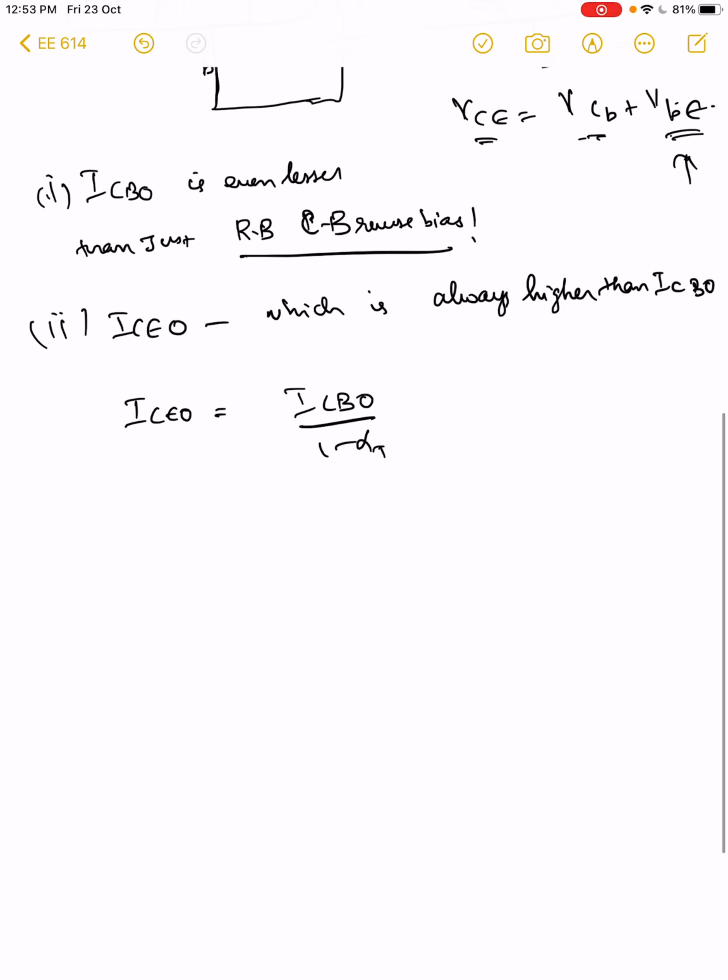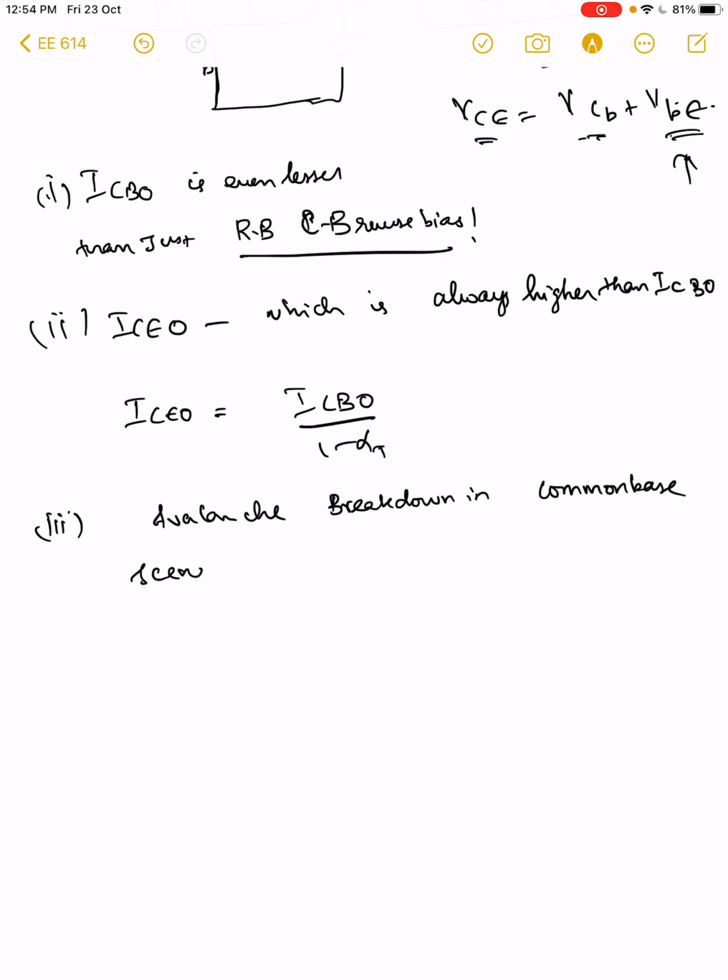So the third point that I want to emphasize here is that the avalanche breakdown voltage in the common base scenario is much larger than in the common emitter case.